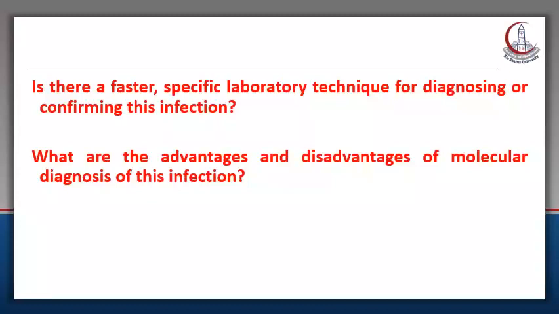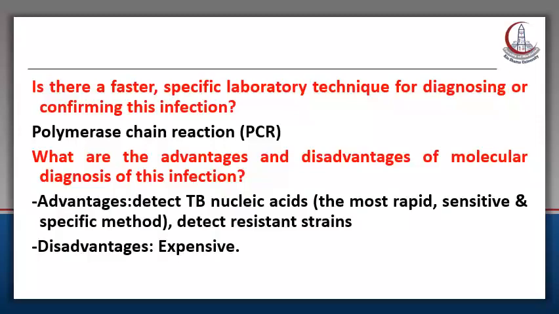So, of course, there is a faster test for pulmonary tuberculosis. It's called the polymerase chain reaction, the PCR. The PCR detects the nucleic acid of TB, so it is the most rapid, most sensitive, and most specific method, and it can also detect resistant strains.